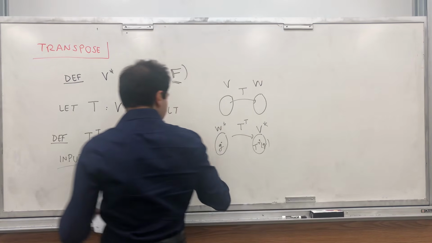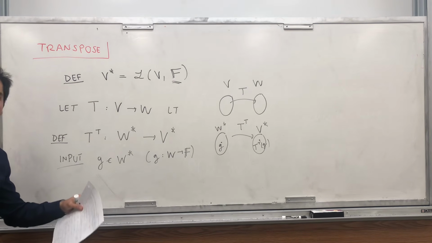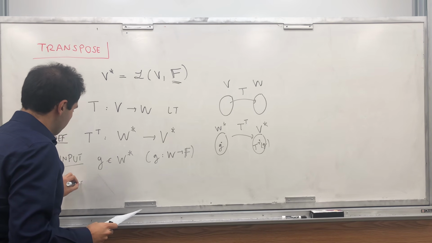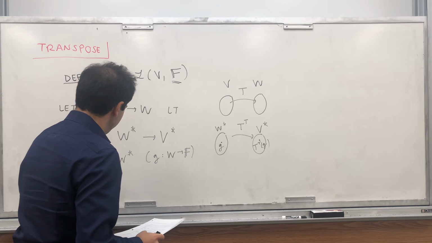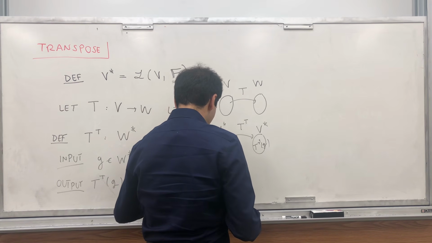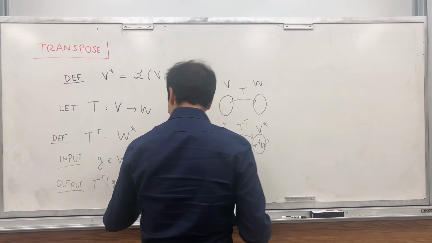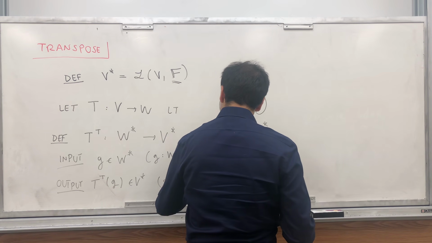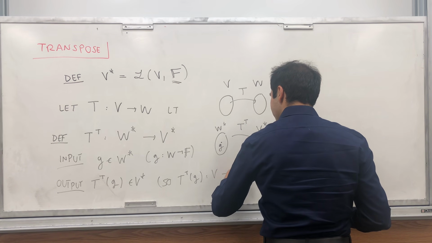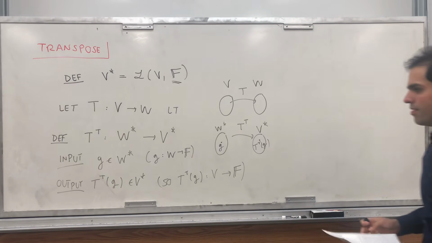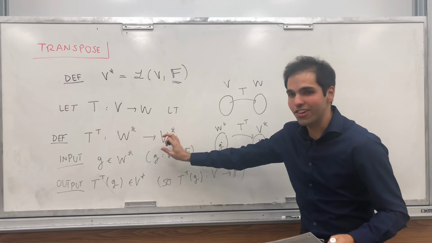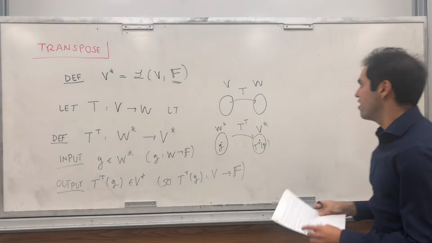So in particular, T transpose of G, this whole thing, is another function. So the output, T transpose of G, is in V star. So in particular, it's a linear transformation from V to F. So it's very important: this T transpose takes a function as its input and spits out a function.